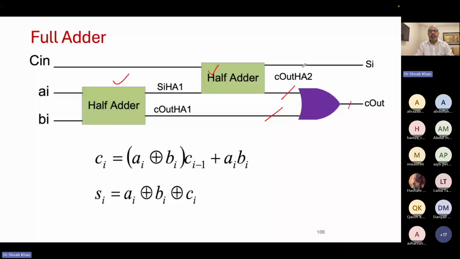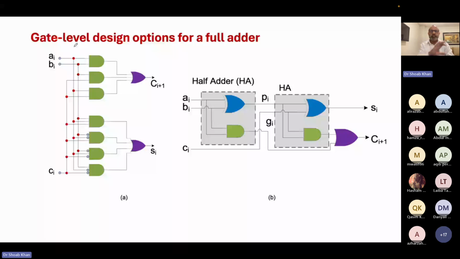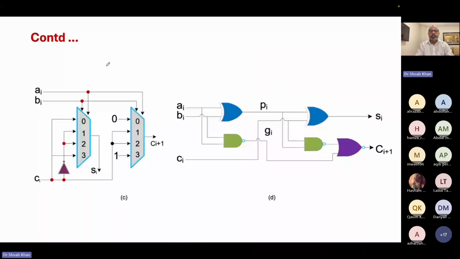But if you start looking at different logic design books, there are so many different gate level implementations of a full adder. This is one implementation. At the end of the day, it is taking 3 bits and giving you 2 bits output. These are all full adders.